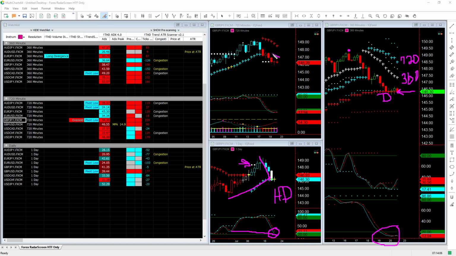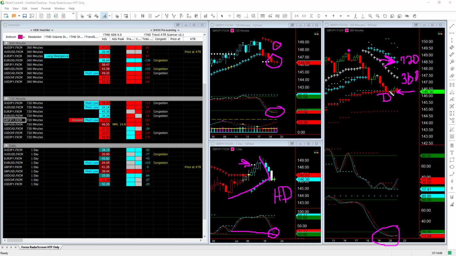Now, right now you have a potential reversal bar here. This is a low, and with this stochastics overextended, I would expect it to come back and test this ATR, which equates to this blue ATR on my multiple time frame chart.